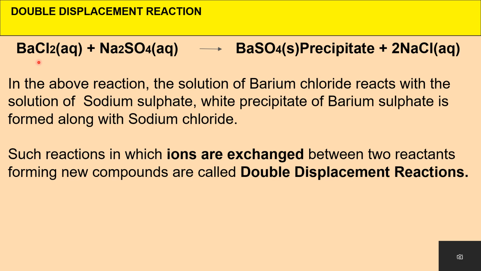You can see here, barium chloride, when it reacts with sodium sulfate, barium takes the position of sodium and sodium takes the position of barium, forming barium sulfate and sodium chloride. So the reactions in which ions are exchanged between two reactants forming new compounds are called double displacement reactions.